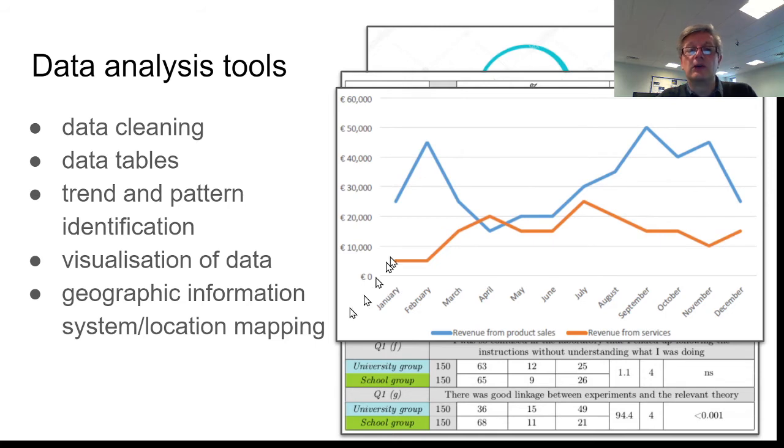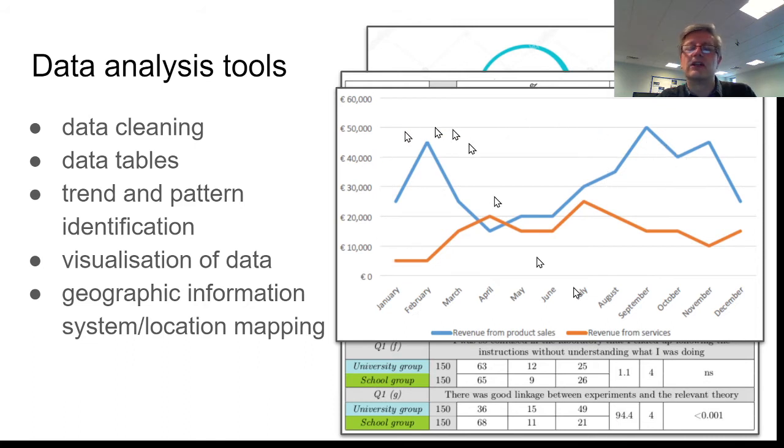So how does that look? Well, it looks like in January it's not doing much. We get a spike in February, it drops all the way down into April, which is a terrible month for product sales, but revenue from services is going up. And then it flattens out again, and then it goes up in July in tandem with the product sales.